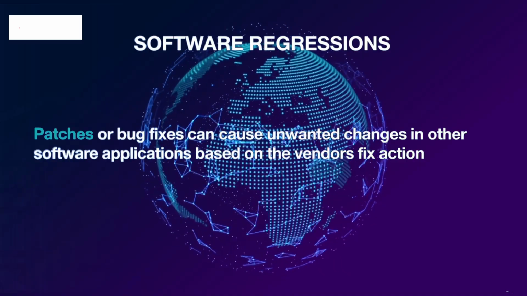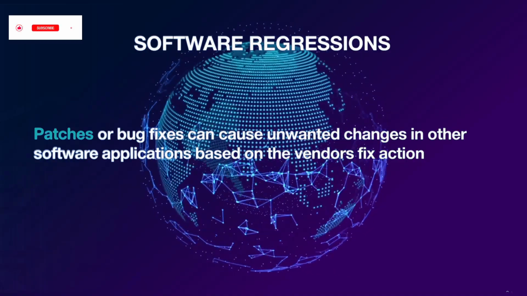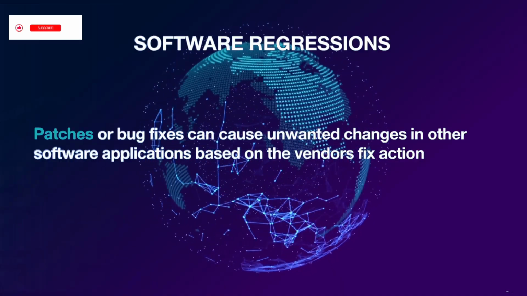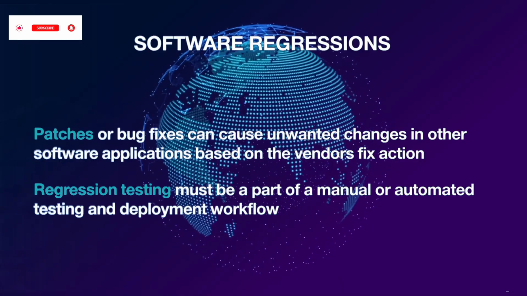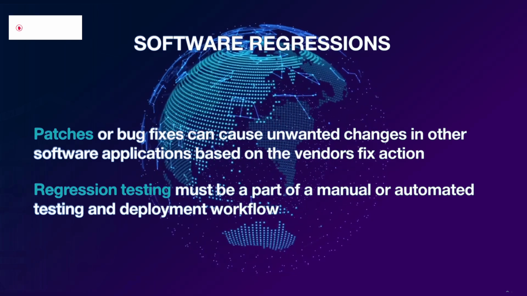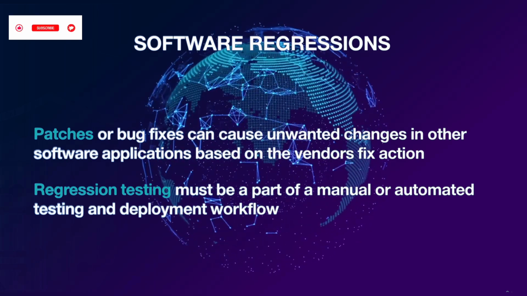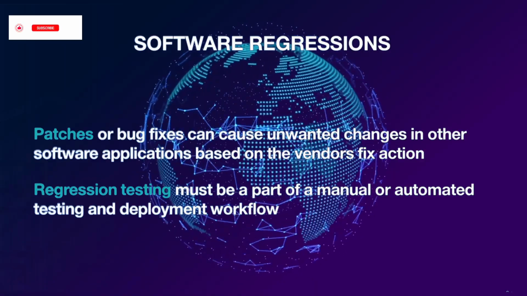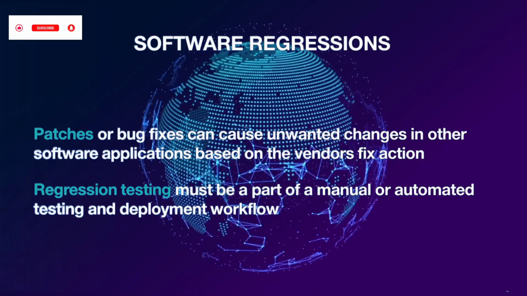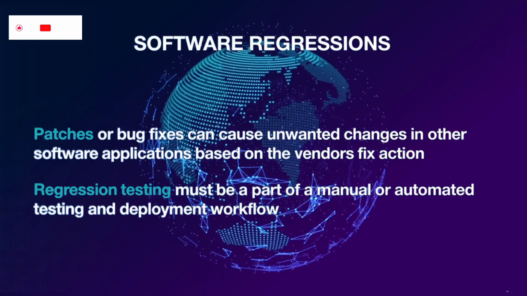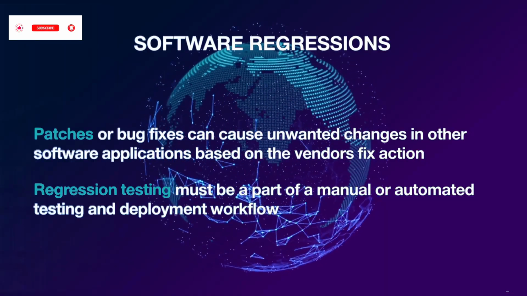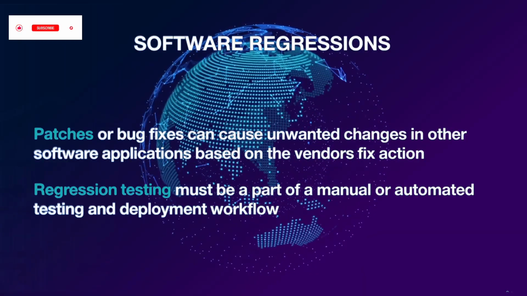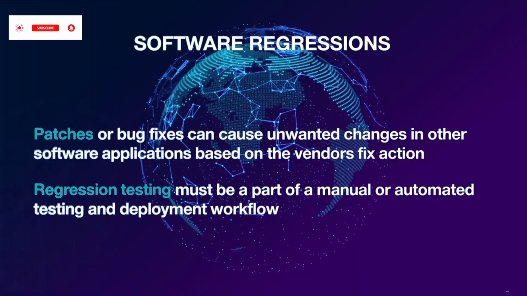As part of the verification process, we want to perform regression testing to make sure that whenever we install the patch, it doesn't open up new attack vectors, it doesn't create new vulnerabilities, and that we don't have new threats.